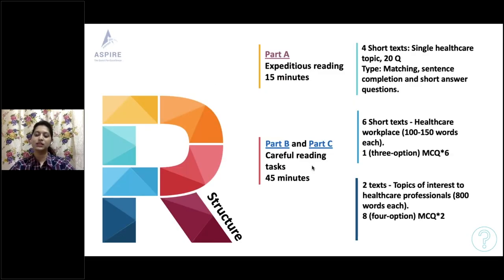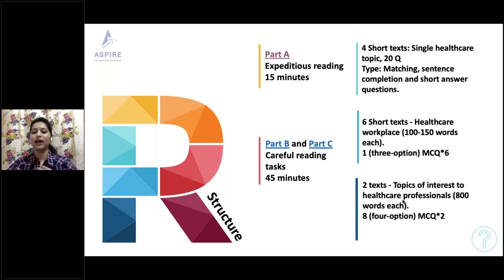Part B and C consist of careful reading. Basically these are your long extracts. You start off with 100 to 150 words in part B, so they warm you up to part C. Each short text will have a multiple choice question, and there will be 6 such questions for 6 extracts.